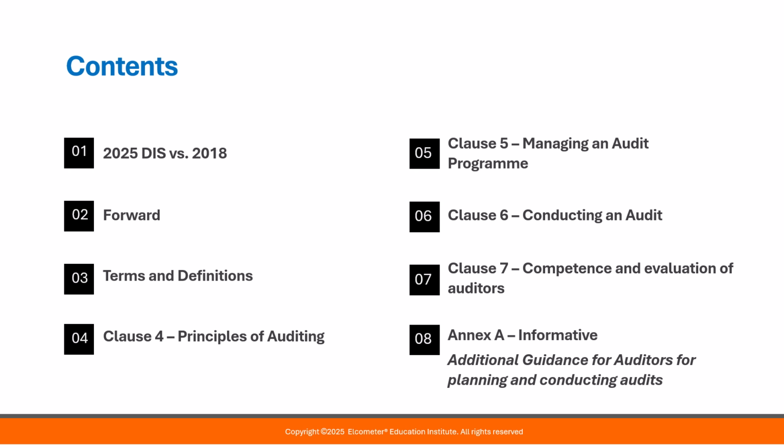Although it's not clear what the intent of this statement is, hopefully the ISO FDIS, the final draft, will provide more clear guidance as to the applicability of these requirements to third-party certification audits.